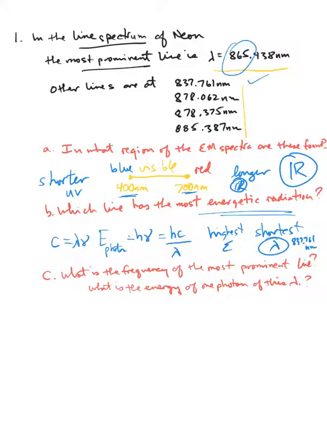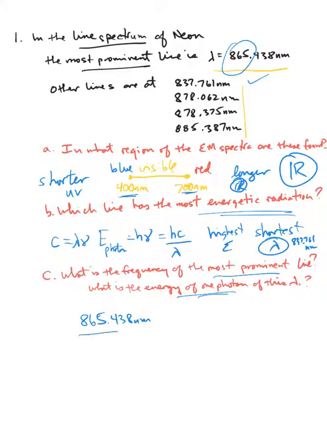Finally, what is the frequency of the most prominent line? The most prominent line is 865.438 nanometers. And then we're going to figure out what the energy is. So, the first thing I want to do is change these units.